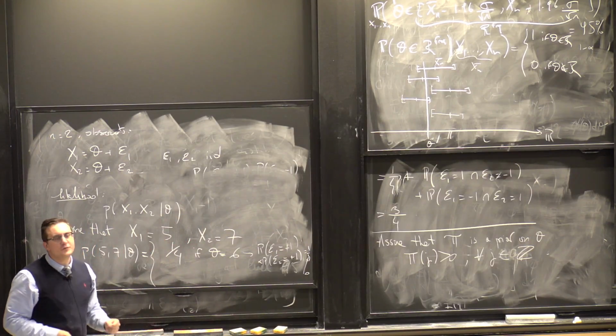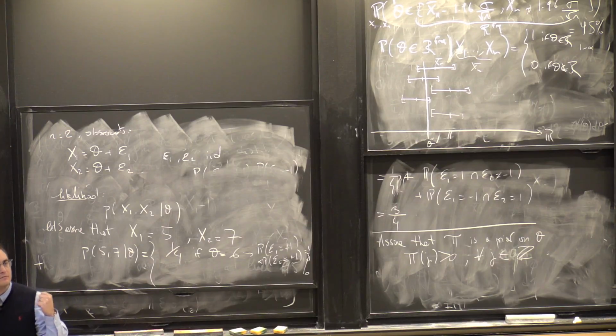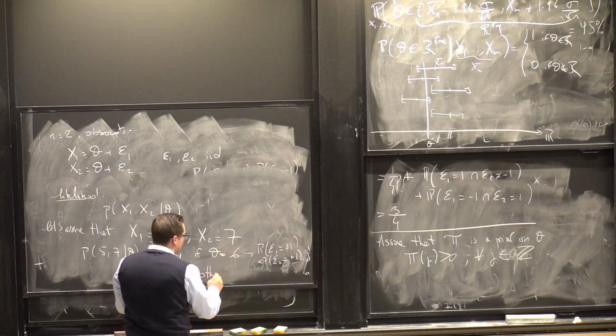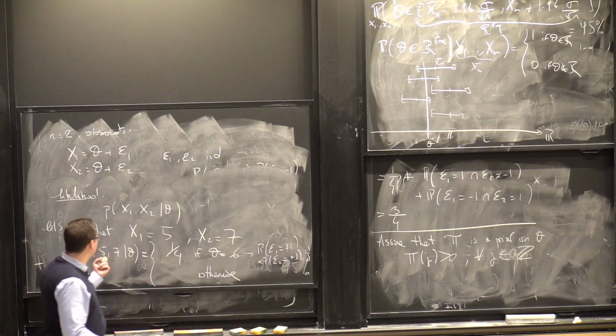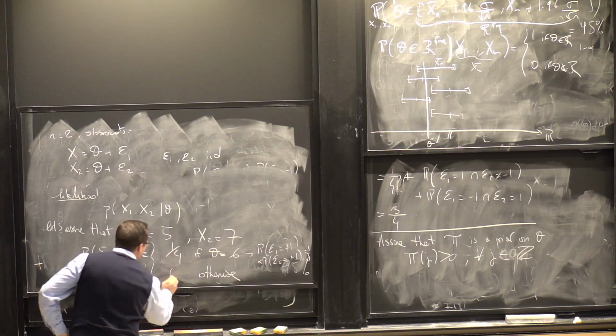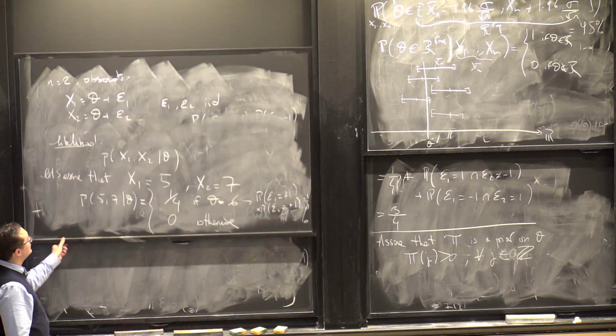If theta is different from 6, what is this probability? Since we know that we've only loaded the integers, theta has to be another integer. What is the probability that I see 5 and 7? 0. So that's my likelihood.